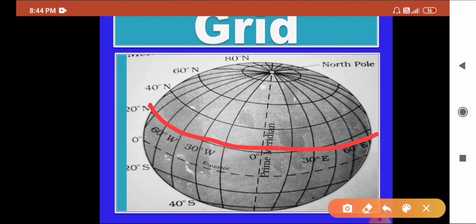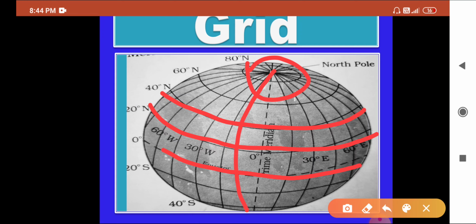I am just recapitulating for your better understanding. These lines which are horizontal and parallel in nature, they are of different length. Near the equator these are lengthy, and near the poles these are short. They run in east to west direction, from east to west, whereas longitudes meet at the poles.